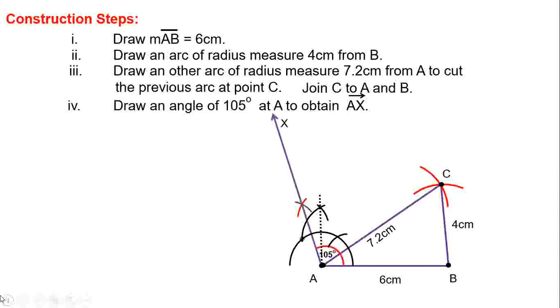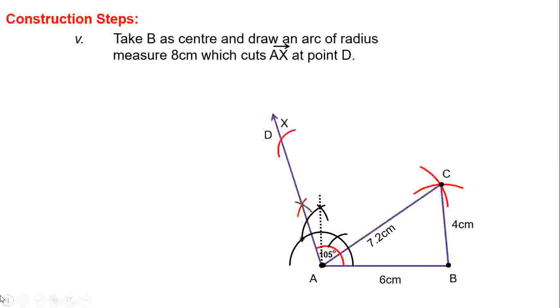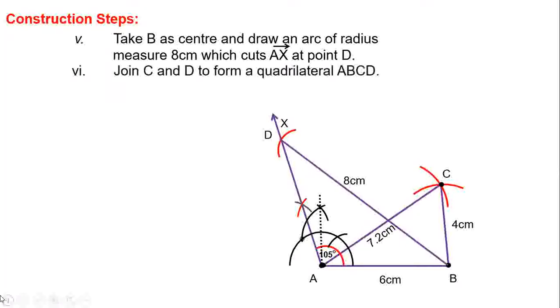Simple. Next point. Take B as center and draw an arc of radius measure 8 cm which cuts ray AX at point D. Join C and D to form a quadrilateral ABCD.